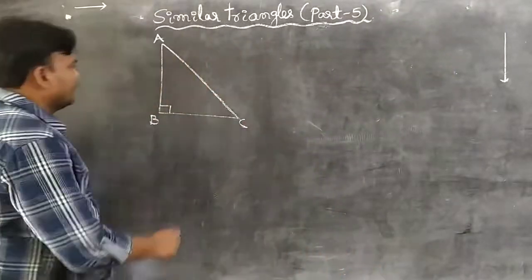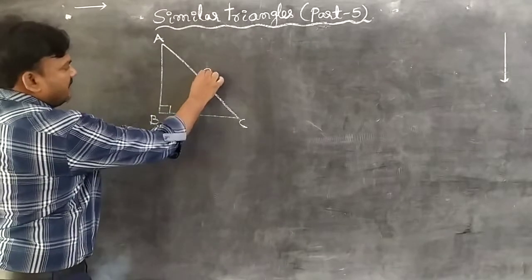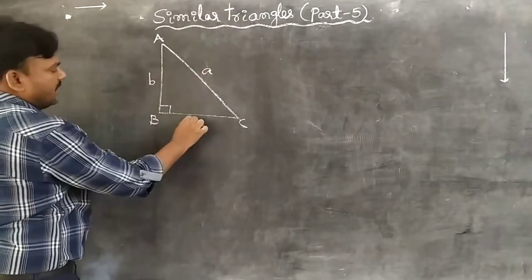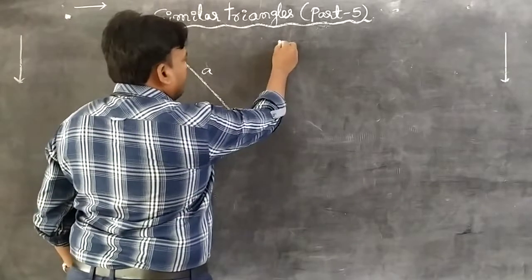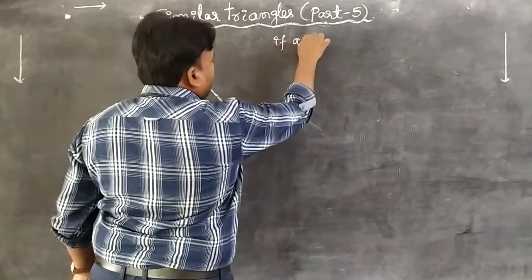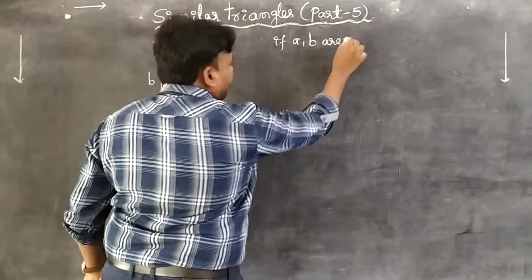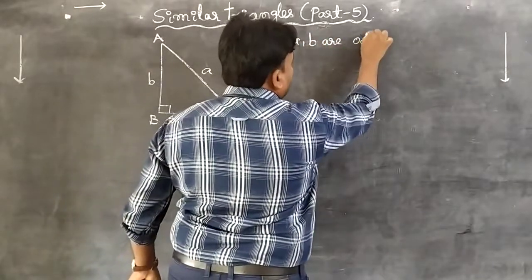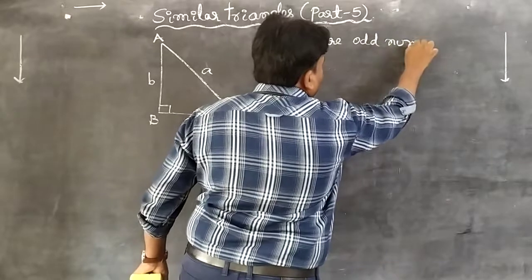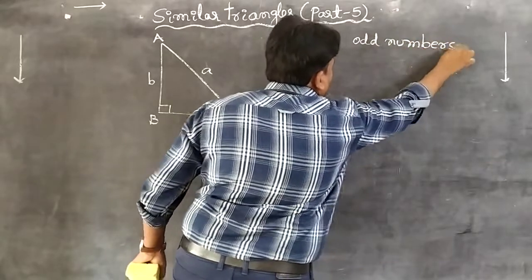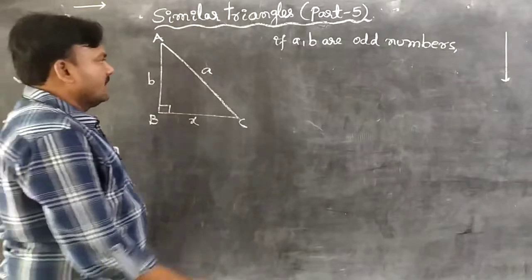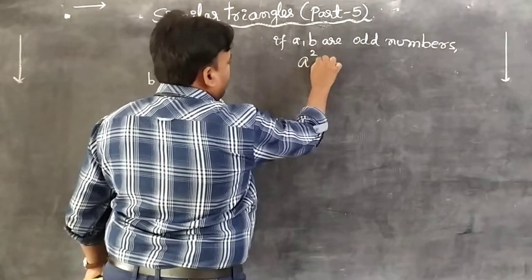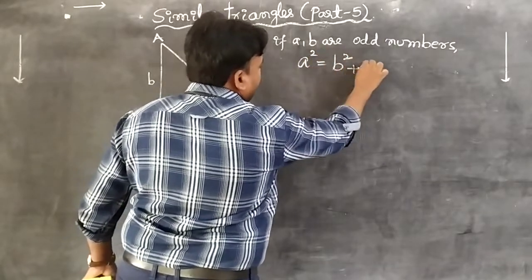And second solution. ABC triangle, let me take this is A and this is B and this is X. And observe here, if A comma B are odd numbers, I take 2 numbers must be odd numbers. By using Pythagoras theorem, A square equals B square plus X square.